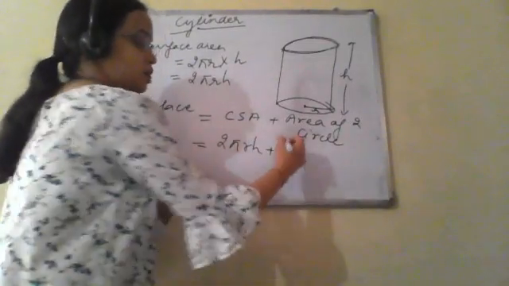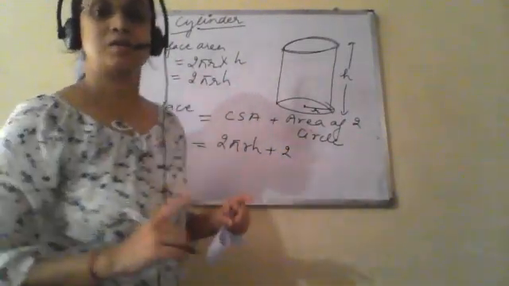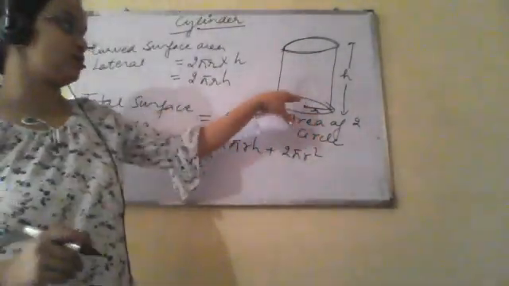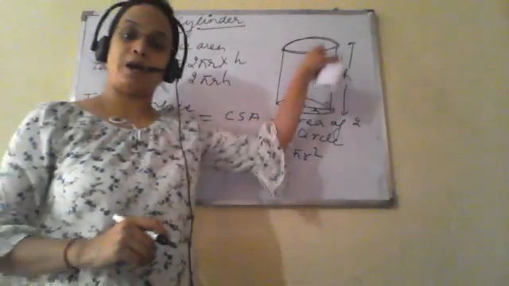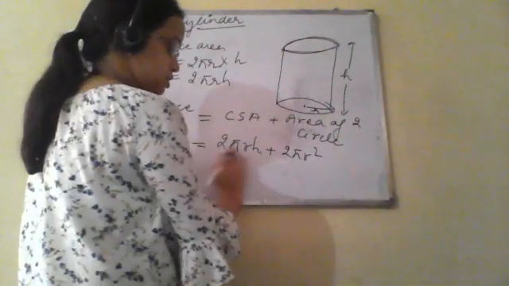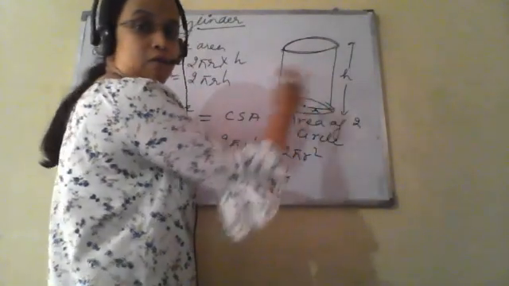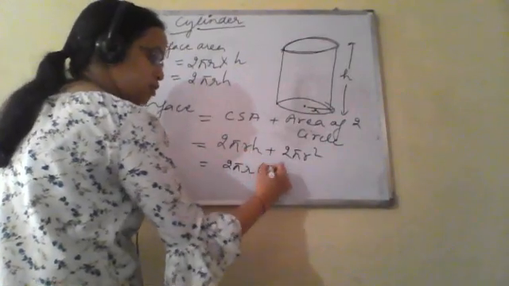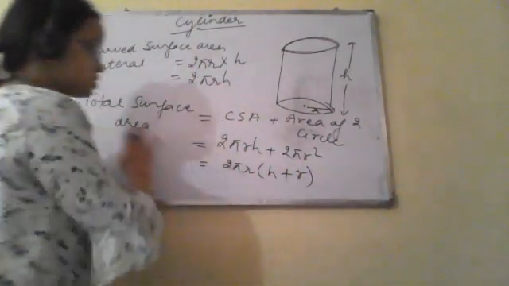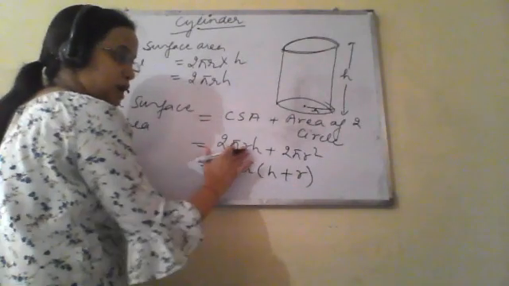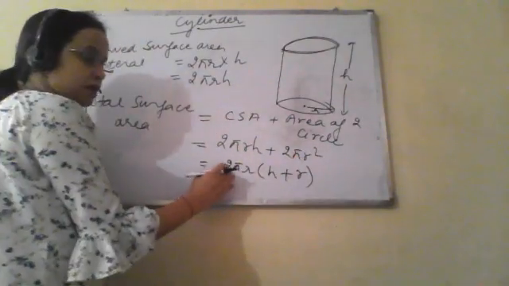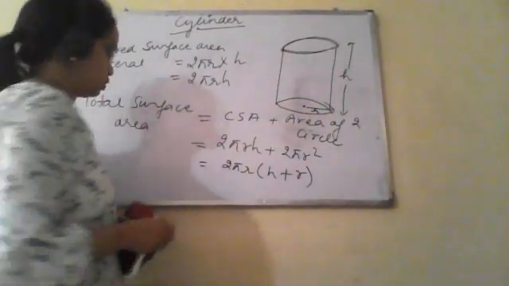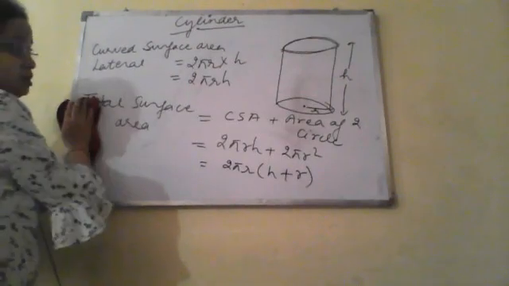The area of one circle with radius r is pi r square, so the area of two circles is 2 pi r square, because it has a circular shape at the bottom as well as the top. So the total is 2 pi r h plus 2 pi r square. Taking 2 pi r common, from this we have h, and from this we have r. So the total surface area of the cylinder is 2 pi r h plus 2 pi r square, or in short, 2 pi r into (h plus r). So this was the total surface area and curved surface area of the cylinder.